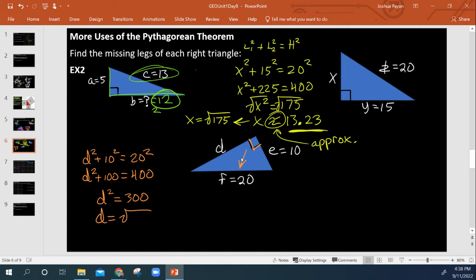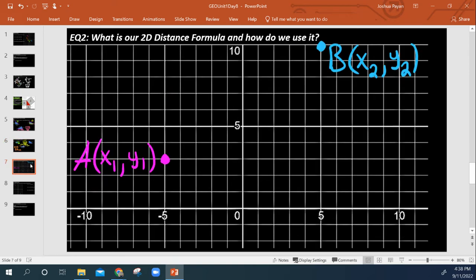D is therefore equal to the square root of 300, which is approximately, that one I don't know off the top of my head, 17.32. It's about 17.32. Okay, so this missing leg would be about 17.32 in length.